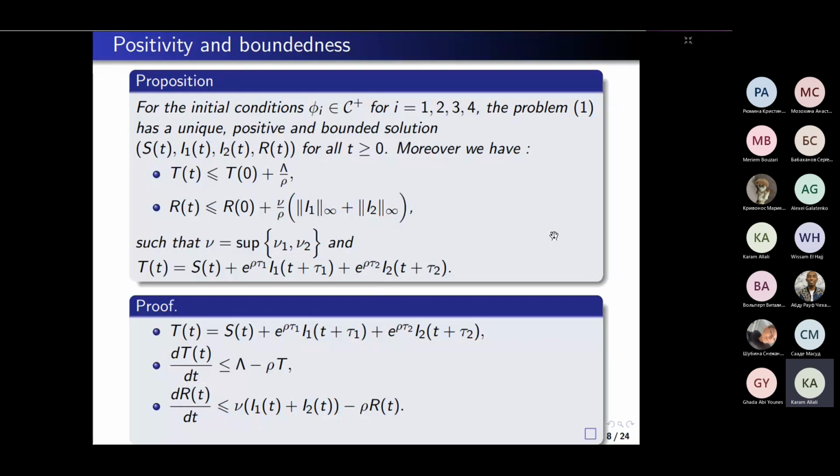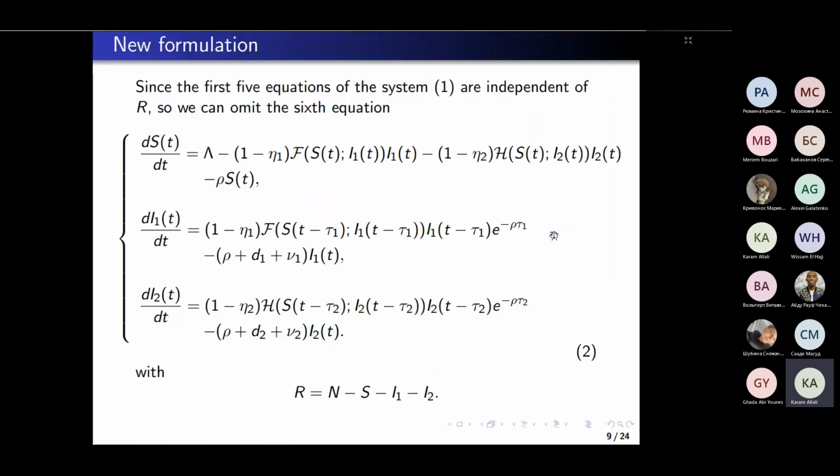Here, in order to facilitate the calculation, we know that the first three equations of the system are independent of R, so we can omit the fourth equation.